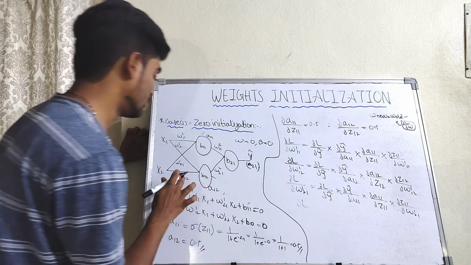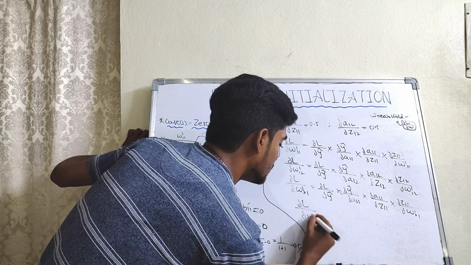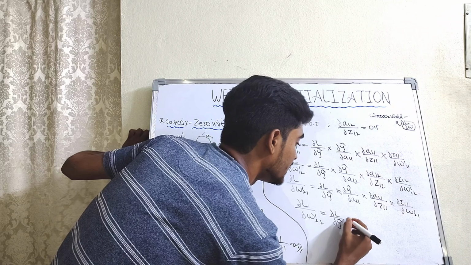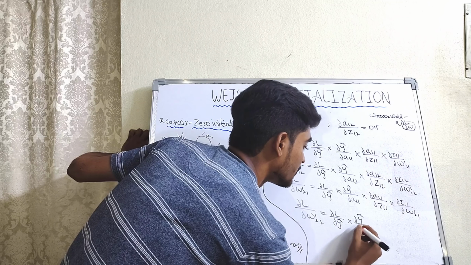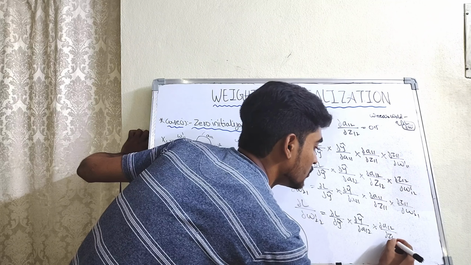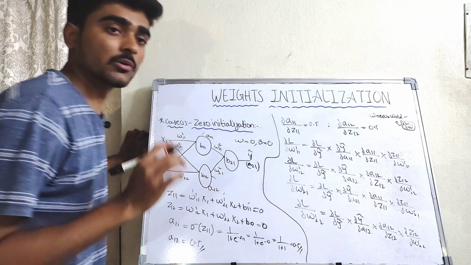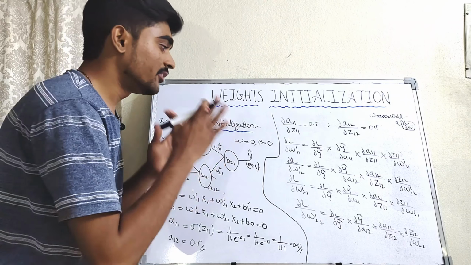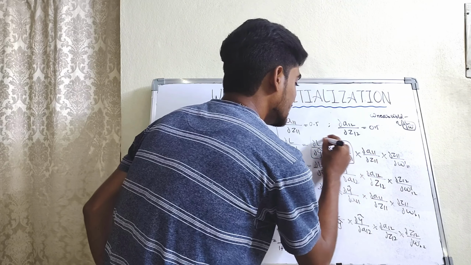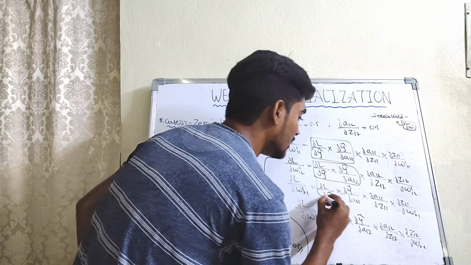Now with respect to this weight, dou L by dou w122 is equal to dou L by dou y hat into dou y hat by dou a12, and dou a12 by dou z12, into dou z12 by dou w122. These are the four gradient values. Now if you observe each gradient value keenly, in the initial observations, both these derivative values are similar in all the gradients, right?